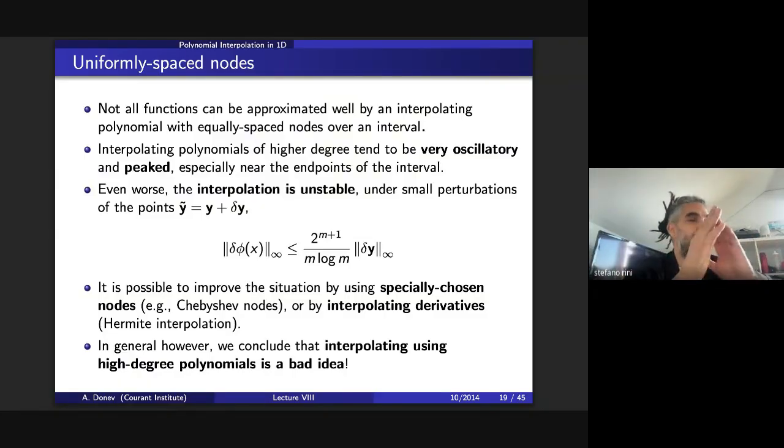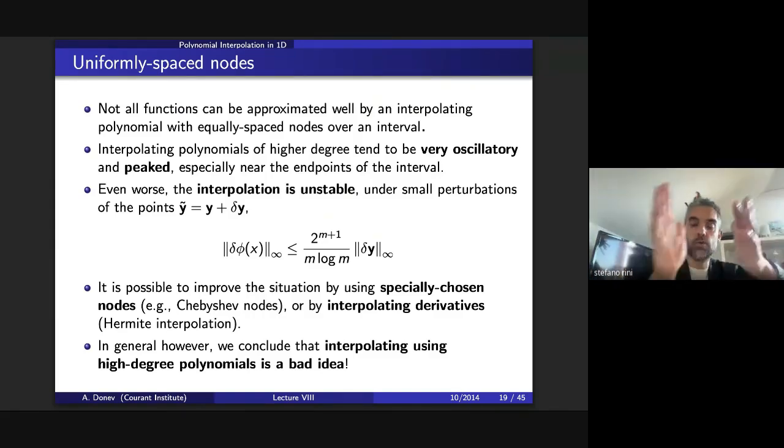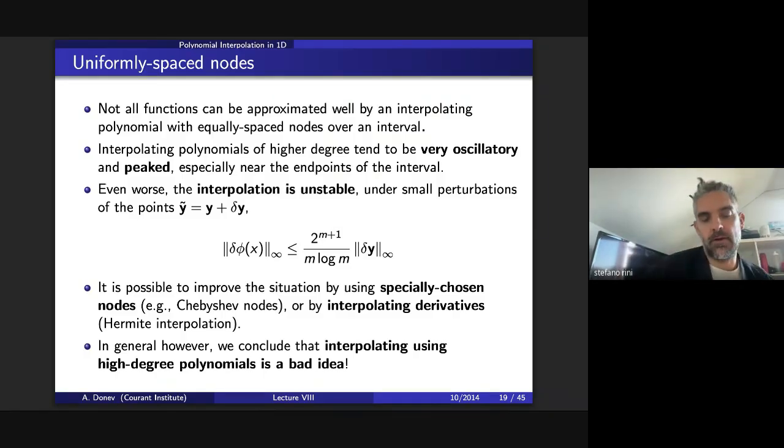So as you go far away from 0, the oscillatory behavior becomes large. Of course, what you can do is change the centering of the polynomial, right? You can have a polynomial x minus alpha to the power of k, and this will move the center of the polynomial to alpha. But still, if you move away from the centering of the polynomial, then you will have very large oscillatory behavior.